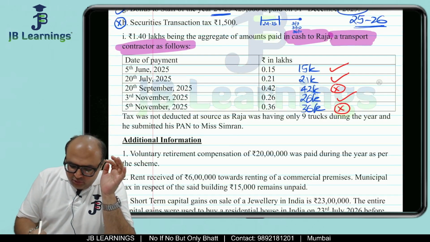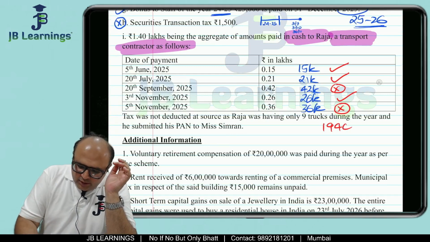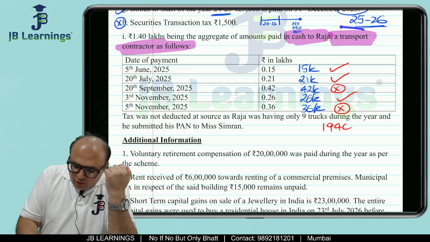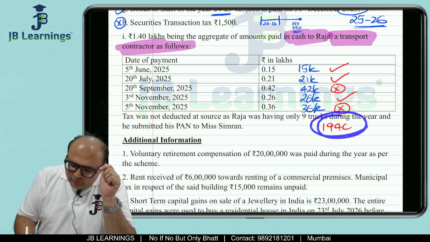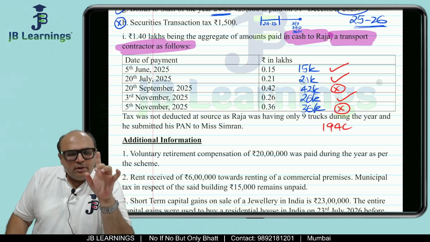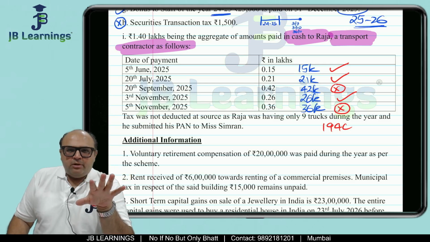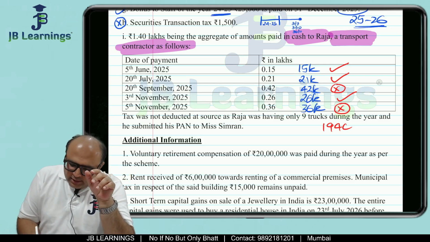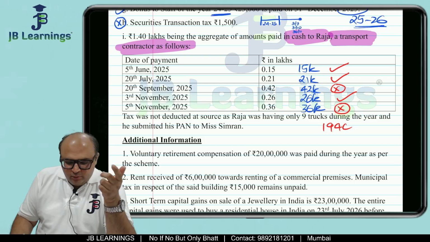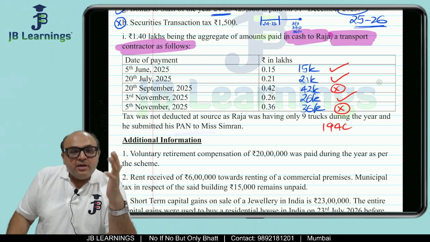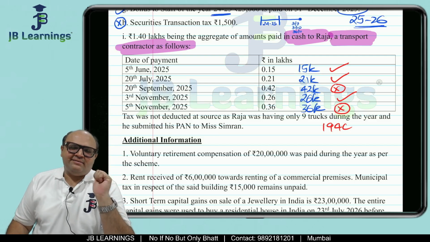Friends, there is one section 194C in which payment made to a contractor is covered. And in section 194C, there is one point which says if payment is made to a transporter, and if the transporter is having 10 trucks or less, and if the transporter has submitted PAN, then you are not required to deduct TDS.